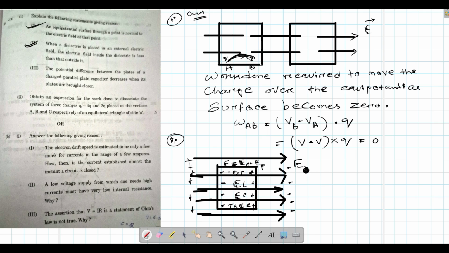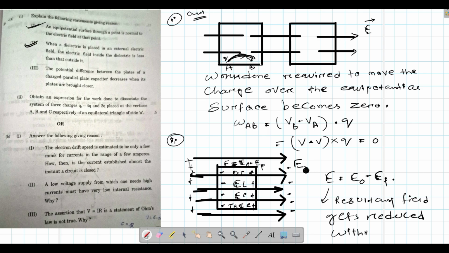As E equals E0 minus EP, the resultant field gets reduced within the dielectric. That is the second bit.